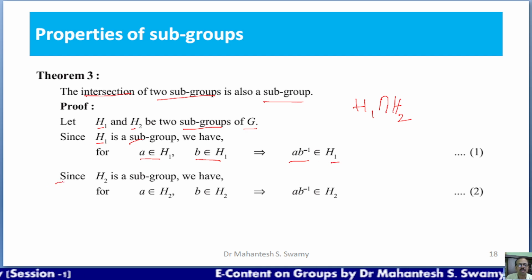Again, since H2 is a subgroup, for all A belonging to H2, for all B belonging to H2, AB inverse belongs to H2. This is as per theorem number 1.